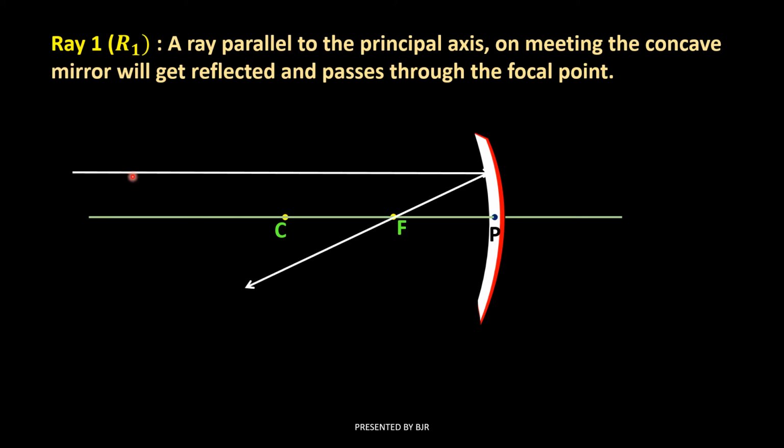So this is the first ray I am going to use. This ray is called the incident ray, and this one is the reflected ray.